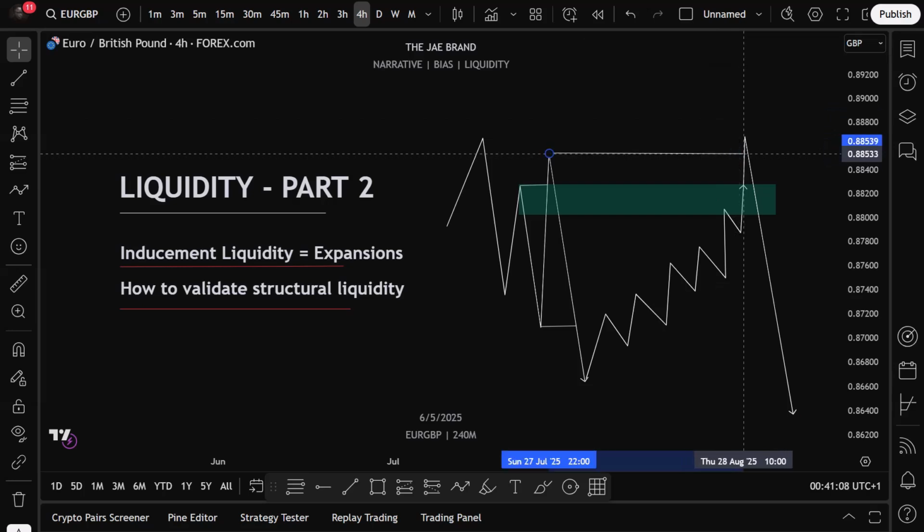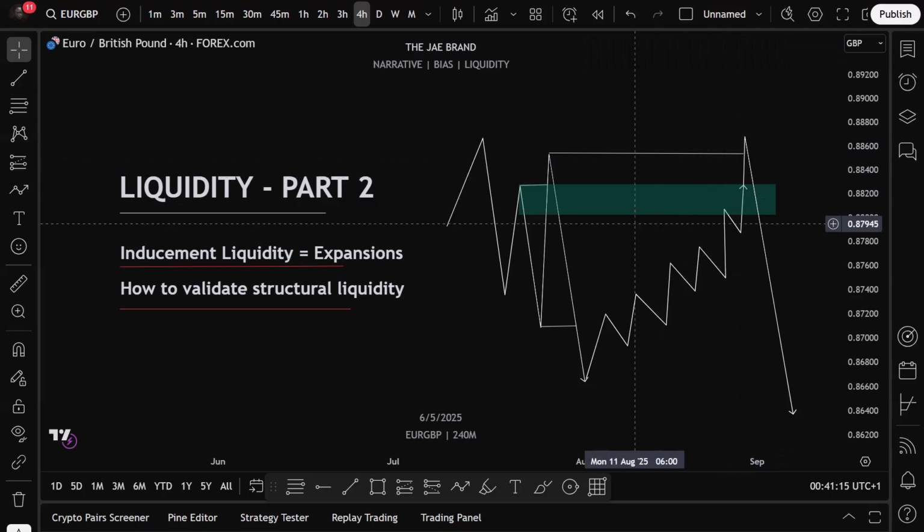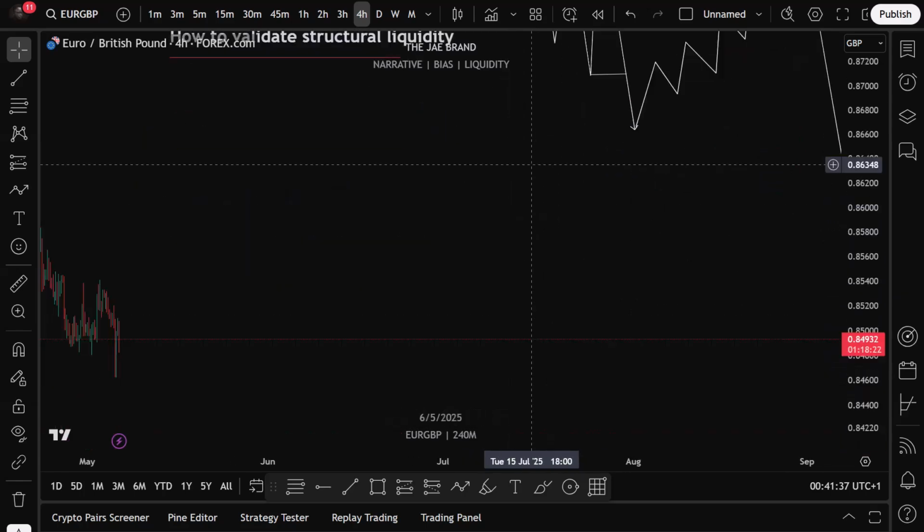We always want to have our structural liquidity as a confirmation or a form of validation of our POI, which is our point of interest. So if there is no structural liquidity, you want to completely avoid any form of setup, because it might actually set you up. So this is for the sell model.